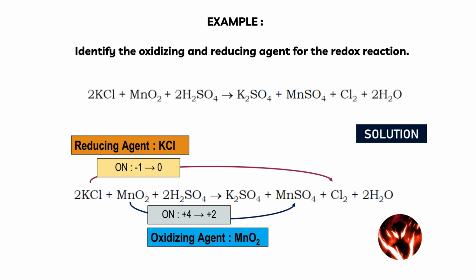Because the oxidation number increases, KCl acts as the reducing agent. Meanwhile, the manganese, Mn, in MnO2 drops from +4 to +2. This decrease in number tells us it was reduced. So, MnO2 is the oxidizing agent for this reaction.